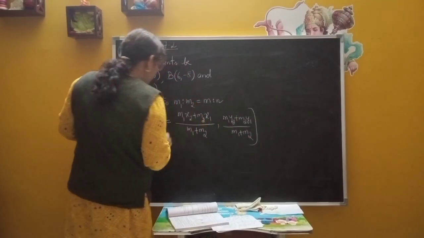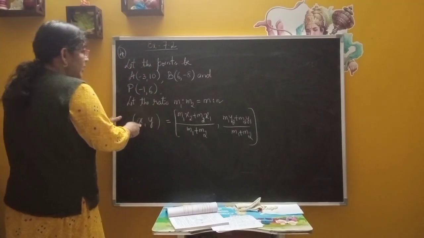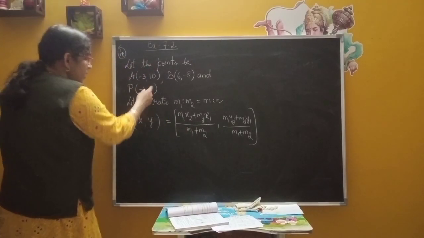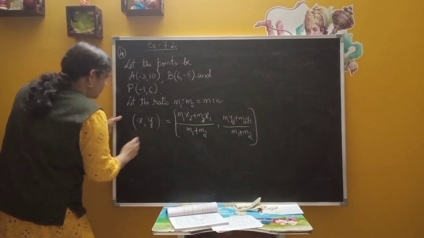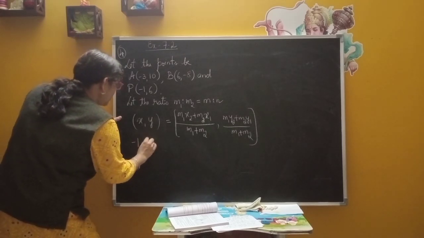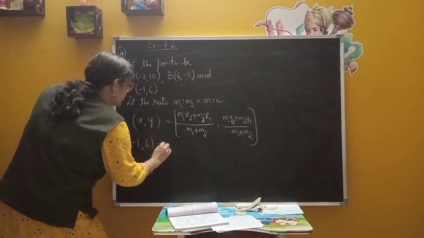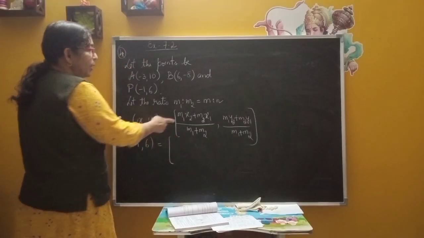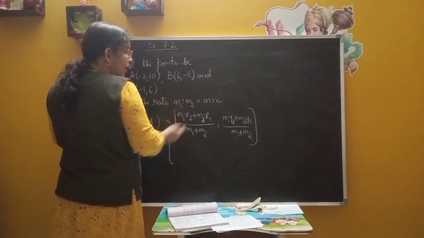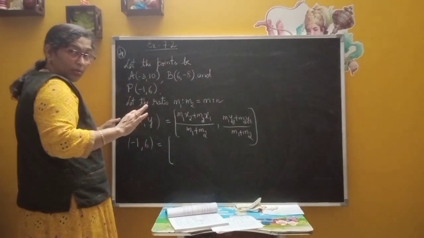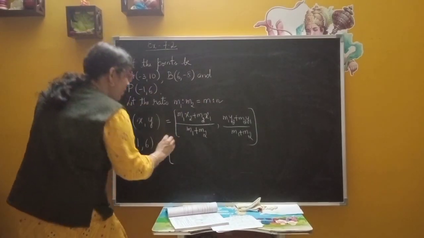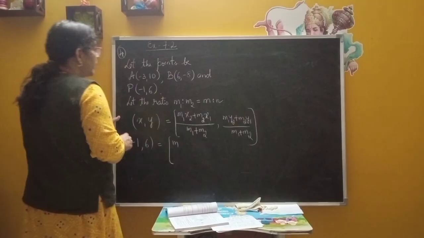Now let us substitute. What are x and y? Minus 1 and 6. So x is minus 1 and y is 6. In place of m1 I substitute m, and m2 is n.